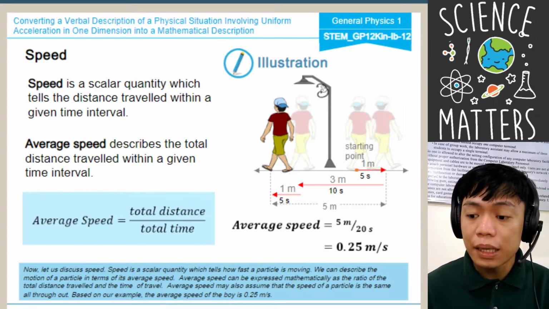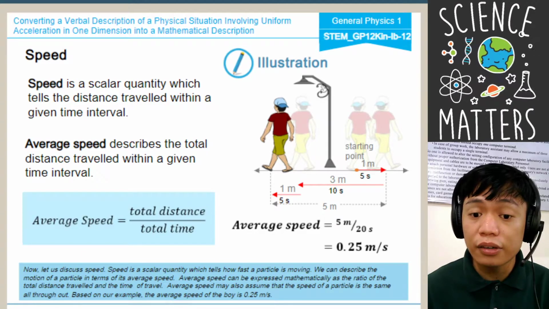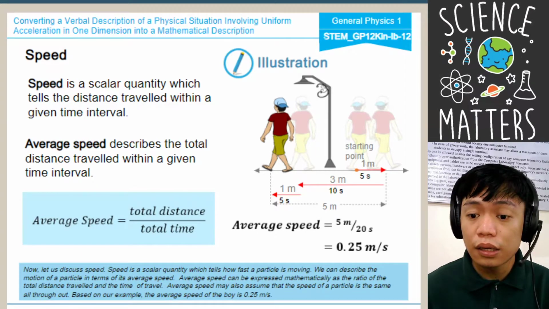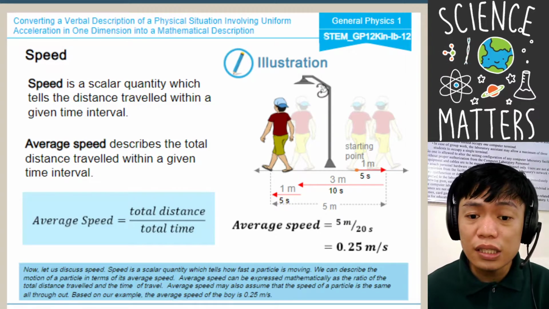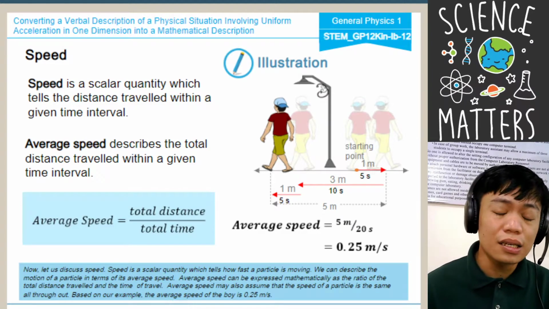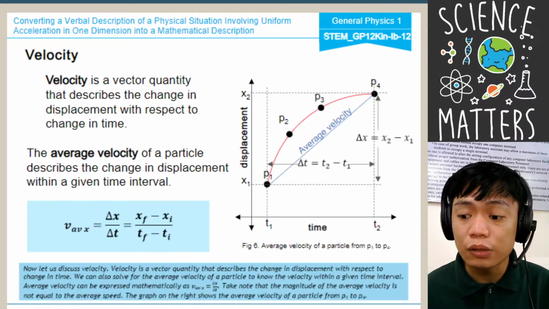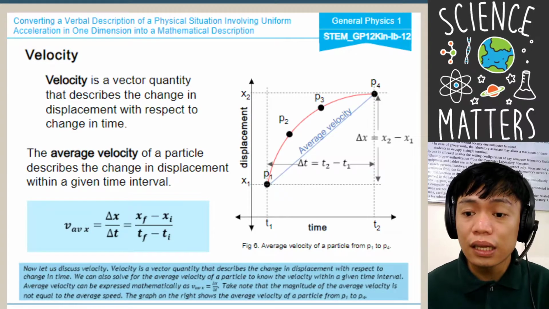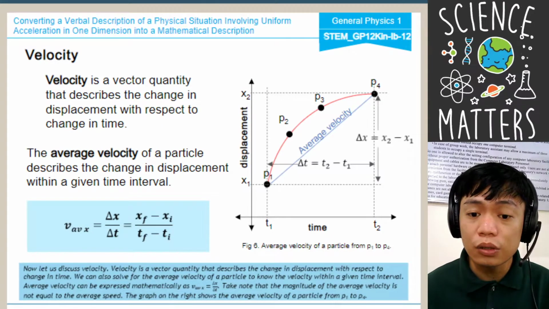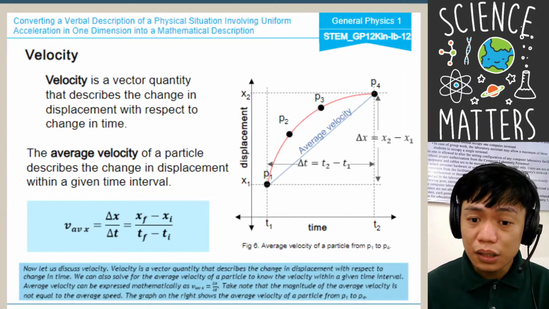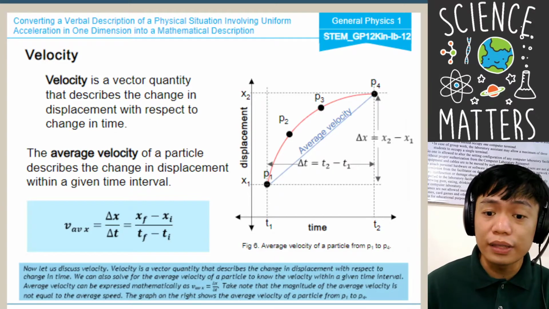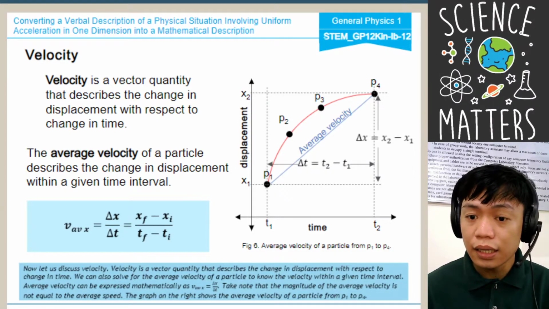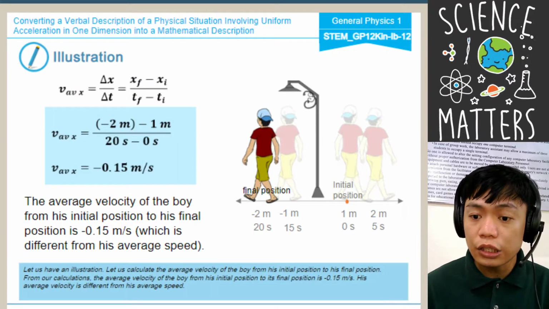So, there is a big difference between the average velocity and the average speed. Mas malaki yung values ng average speed, kasi it is just a scalar quantity, whereas dito kasi sa velocity it depicts the vector quantity which indicates the direction of the object. Okay, so let us continue.